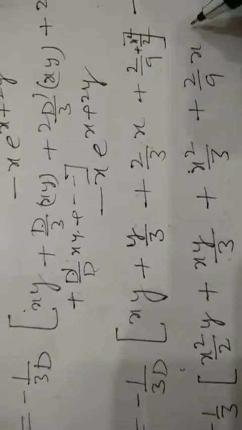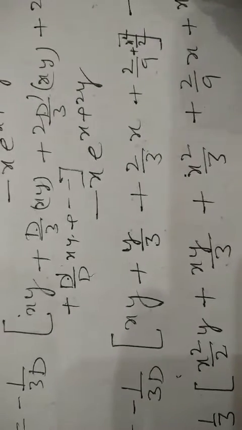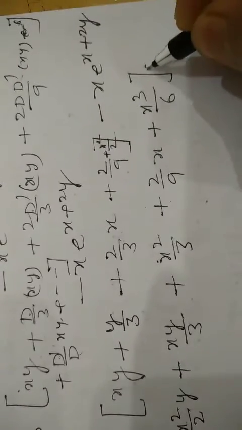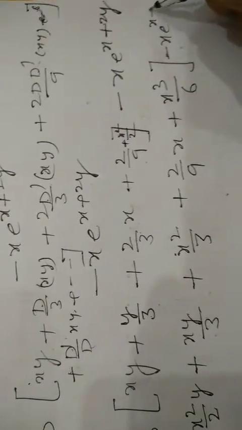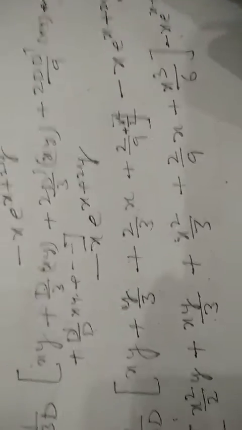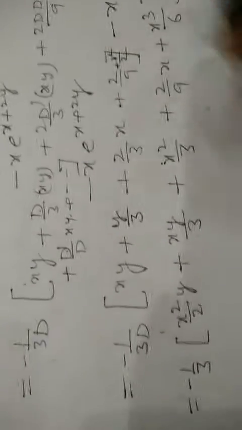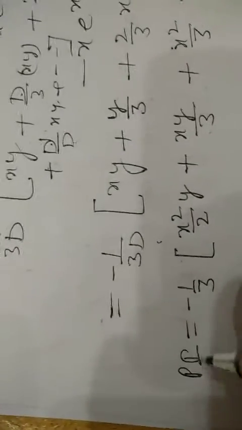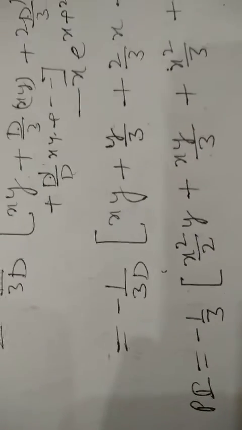So now its integration becomes x cube by 6 also, so minus 2y. Okay, so after simplification I think no term can be added together. So this is the PI, this is the PI.